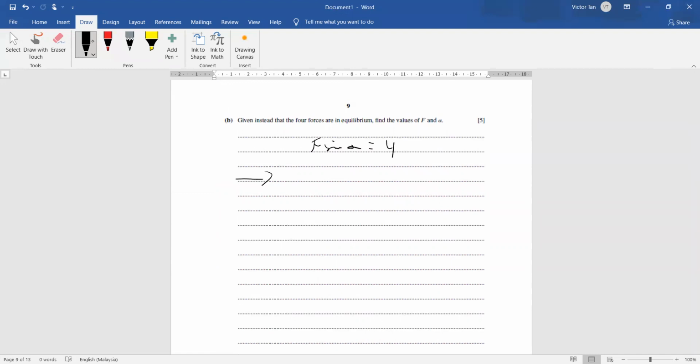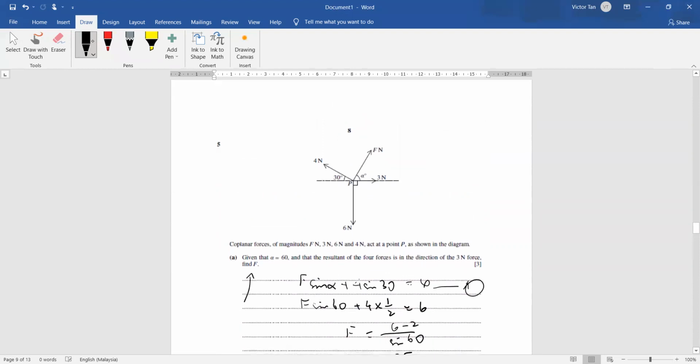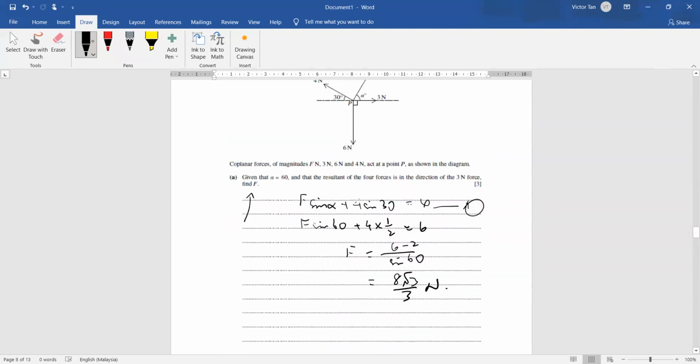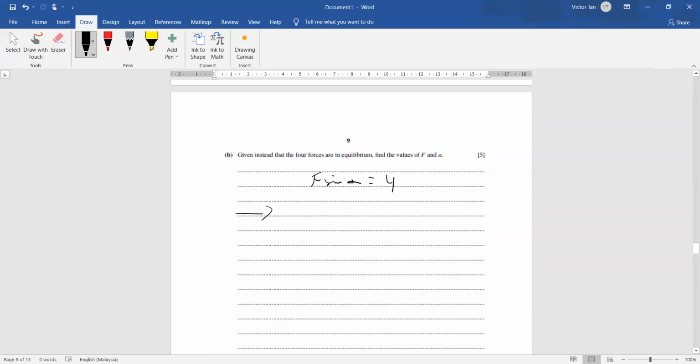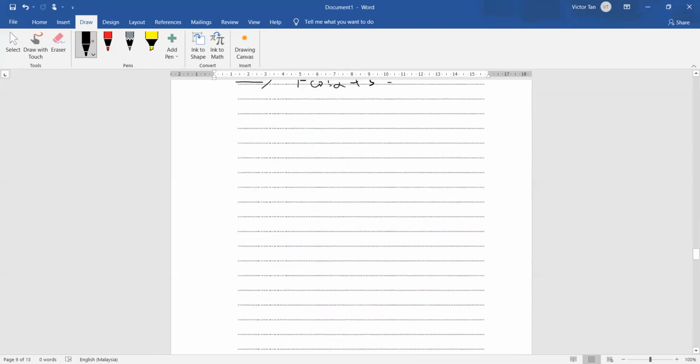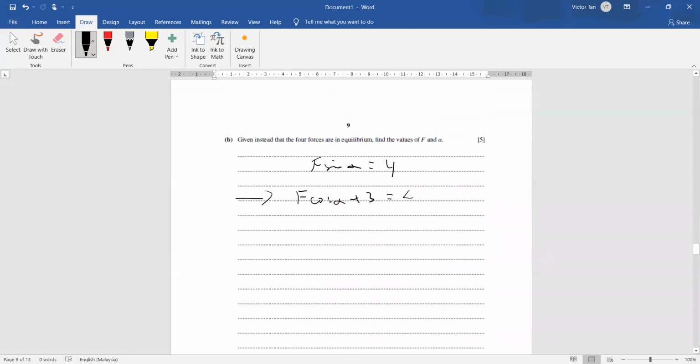Now resolving horizontally, you have F cos alpha plus 3 equals 4 cos 30. So you have two equations and two unknowns. So here you have F cos alpha equals, cos 30 is root 3 over 2, so this is 2 root 3 minus 3.